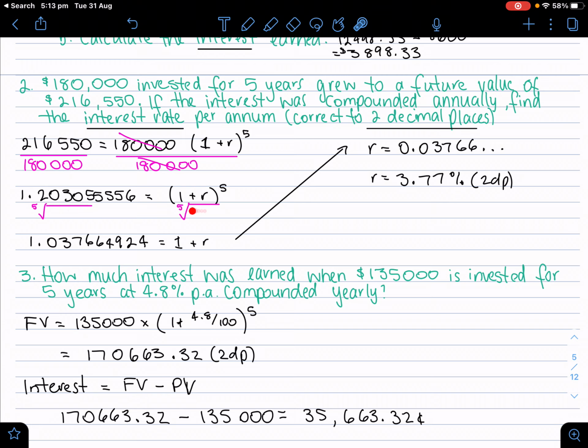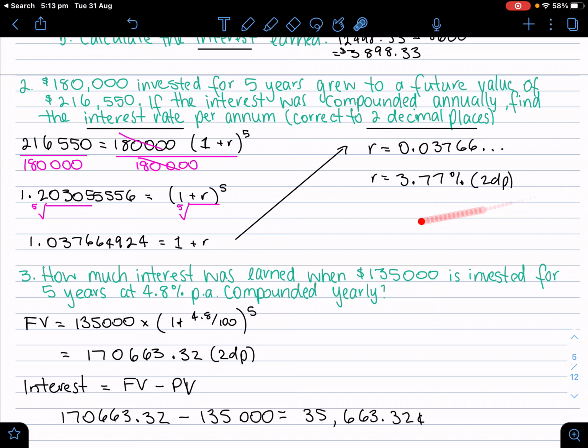And so we do that to both sides, and we get this, and now we have 1 left. So how do we get rid of plus 1? Minus 1 from both sides. Now that gives me a rate as a decimal, but I want the rate as a percentage. So I times it by 100, 2 hops, and I get 3.77%. Now I round it off to 2 decimal places because that's what the question is asking for.